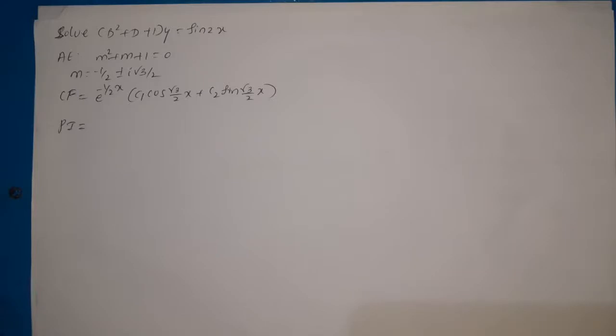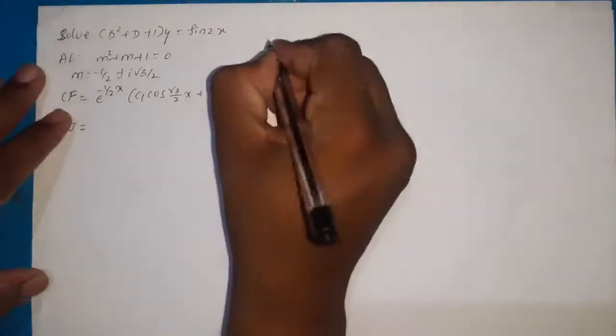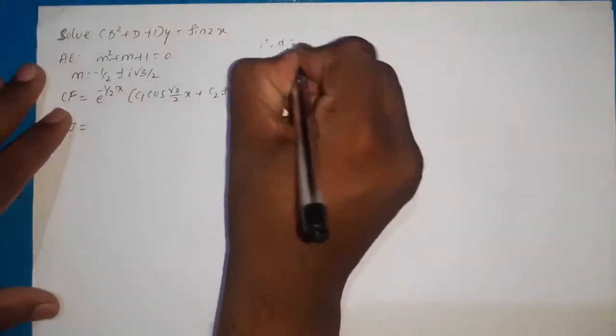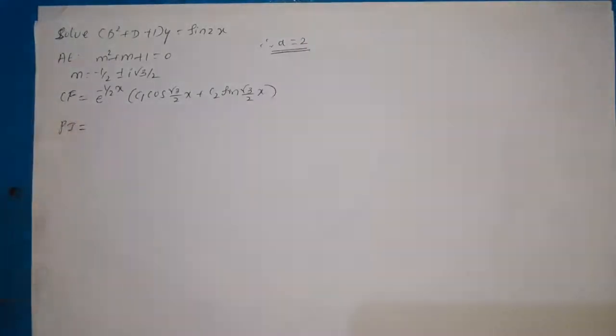A is the coefficient of x in the exponential function, and here a is the coefficient of x in the sine function. So here we can write that a is equal to 2, because it is sin 2x. So the auxiliary equation of this one is m square plus m plus 1 equal to 0.